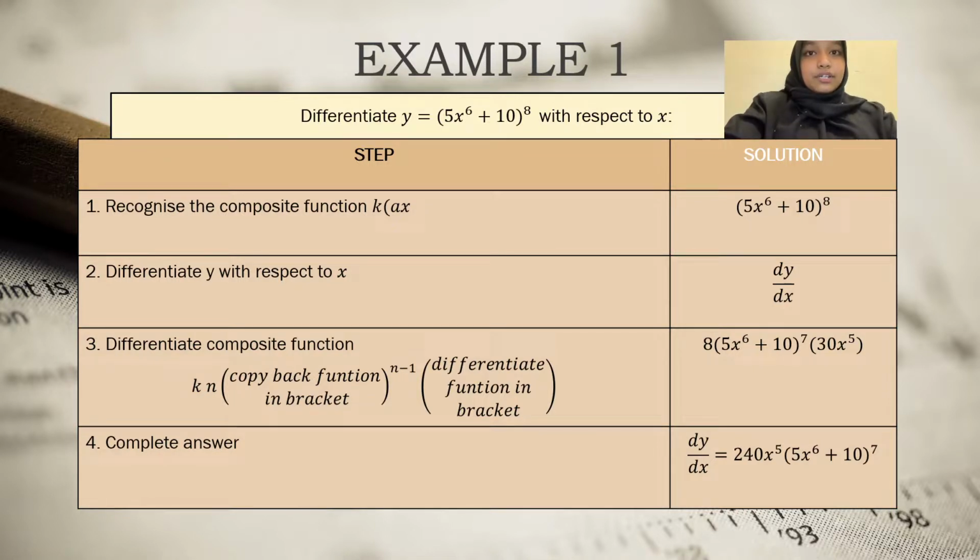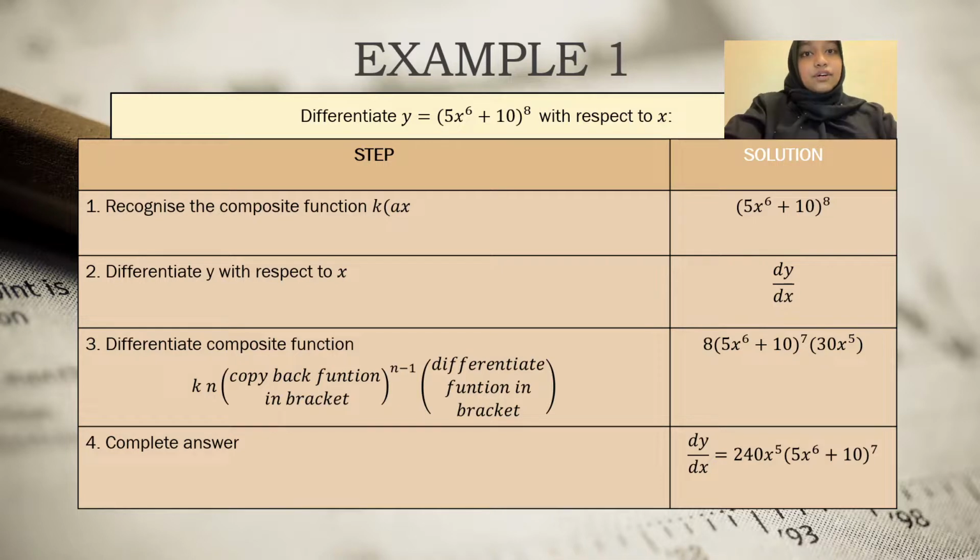For step 3, we need to differentiate the composite function. K and open bracket, copy back the function in the bracket, close the bracket, and the power we must minus 1. Next bracket, we must differentiate the function in the bracket. So the solution we get is 8 open bracket 5x power 6 plus 10 close the bracket power 7 open bracket 30x power 5 close the bracket.